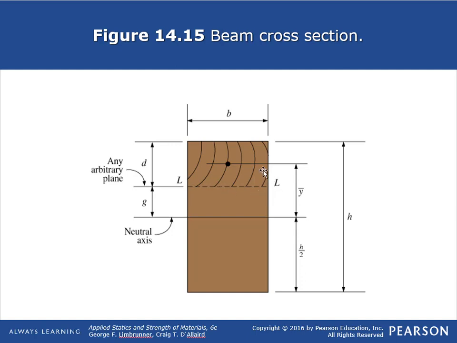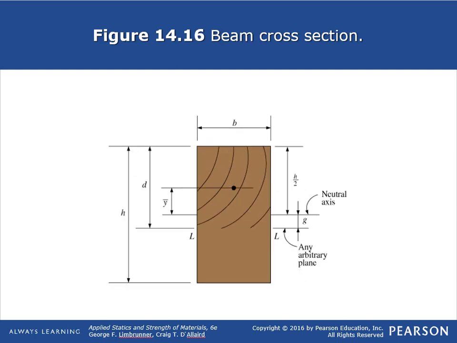So A would be the area above that shear plane. That's the shaded area you see here, which would be B times D, and then times Y bar, and Y bar is the distance from the neutral axis to the centroid of that area. That's how we find the statical moment.